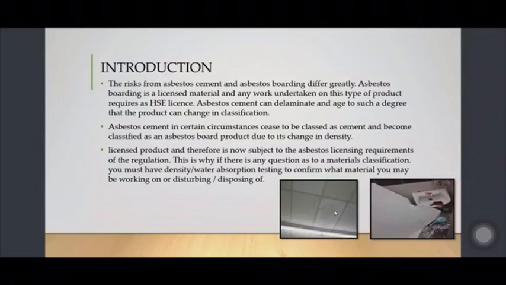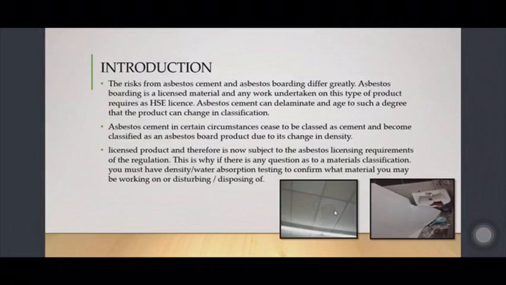Asbestos cement in certain circumstances cease to be classed as cement and become classified as an asbestos board product due to its change of density. This means that a lower risk asbestos cement product has just become a much higher risk licensed product and therefore is now subject to the asbestos licensing requirement of the regulation.